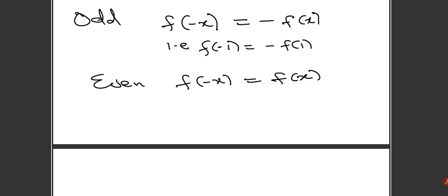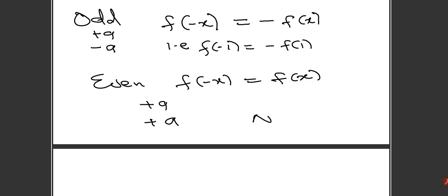So what I meant here is that if you put -1 and 1 in the function, when you are getting two answers that are the same but having opposite signs, where one is positive, one is negative, meaning the function is odd. But if you are putting the two numbers and one answer is positive and the other one is also positive, meaning the function is even.